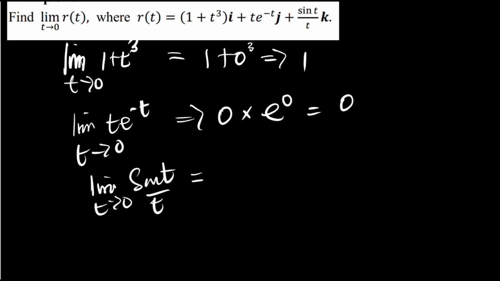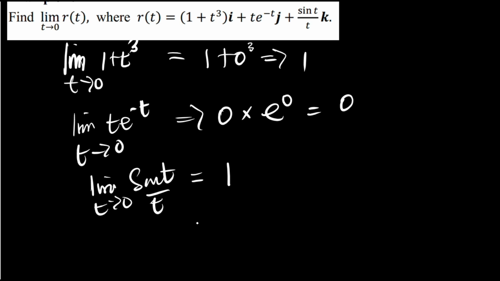When we have sine t over t as t approaches 0, the result is 1. At an appropriate time, I'll do a video to explain much more on the limits of trigonometric functions. But at this stage, let's just accept that the limit of sine t over t as t approaches 0 is 1.